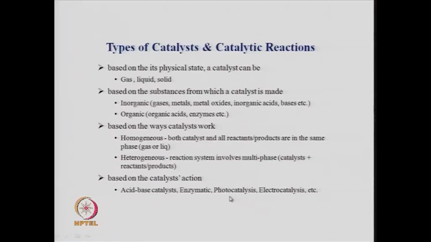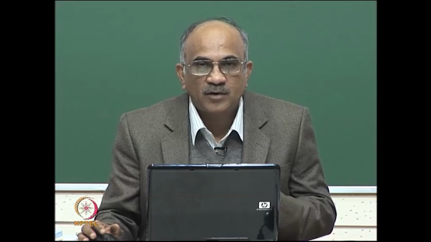Then if you use light, which is going to be the major discussion in the next part of the lectures, you can call it photocatalysis, because you are using light, and this light can be in the ultraviolet region or in the visible region or in any other region. But mostly the reactions that we are interested in are in the visible or ultraviolet, because we want to use solar radiation. So, photocatalysis is a type of catalysis which depends on the presence of light during the catalytic process.